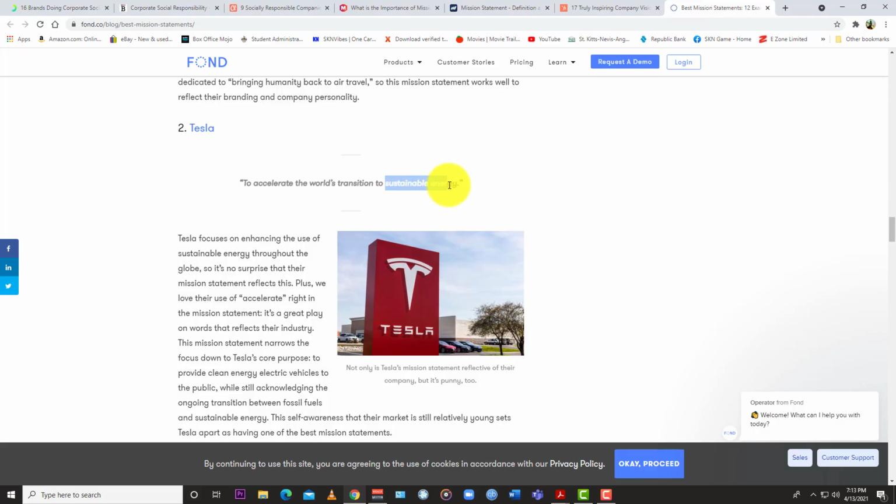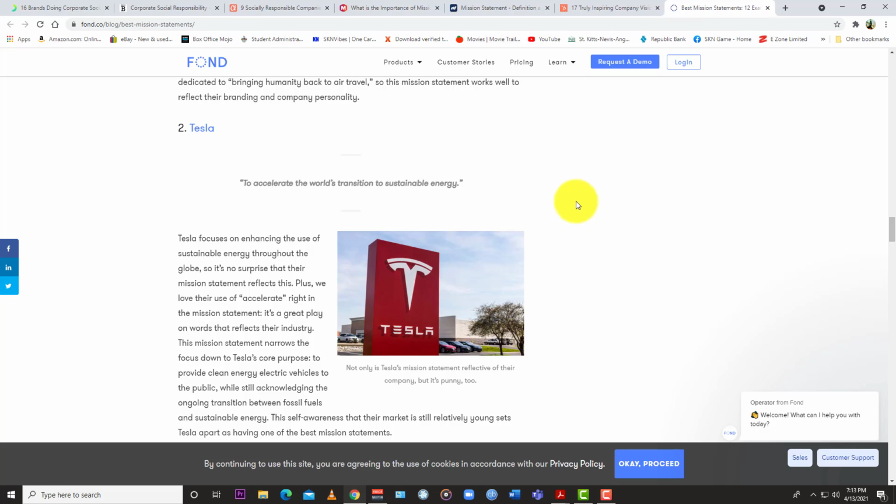So right there you see the words sustainable energy, and one time you think, this is about society. It's about doing good for society. You get that, because fossil fuels are no good for society. You're burning carbon emissions, they are non-renewable. But when it's sustainable energy in this statement, this is a company that's all about getting the world into a better place. So you get that from just the mission statement alone, and you can put the company in a favorable light.